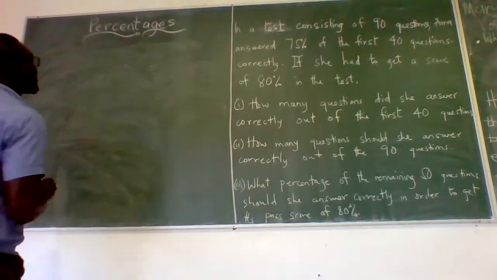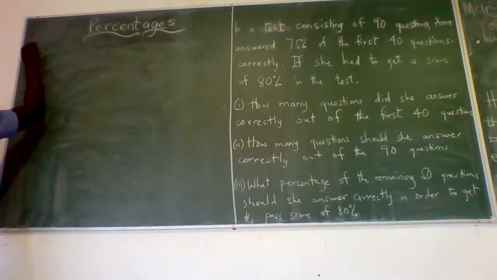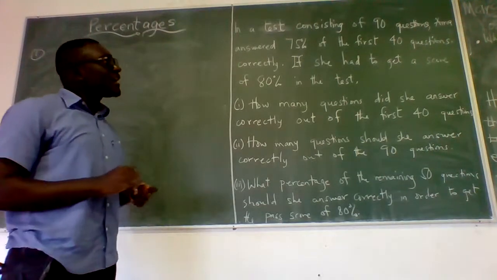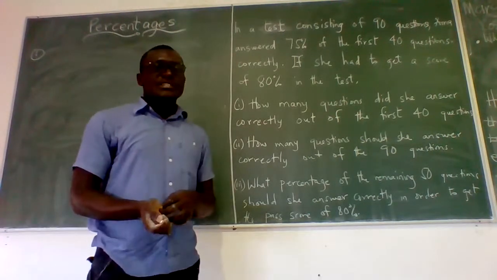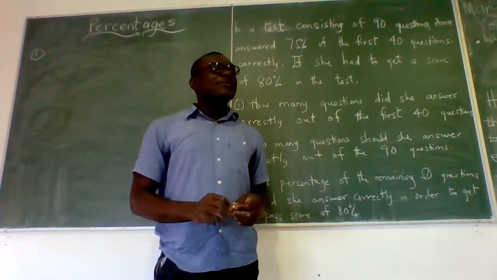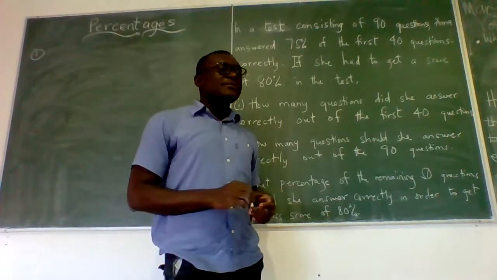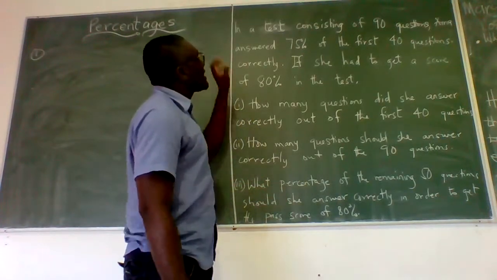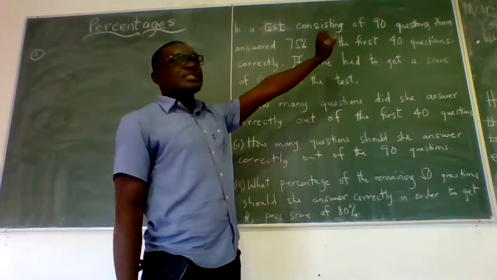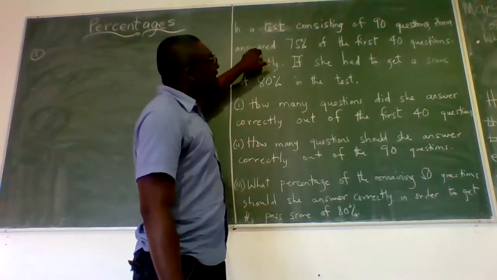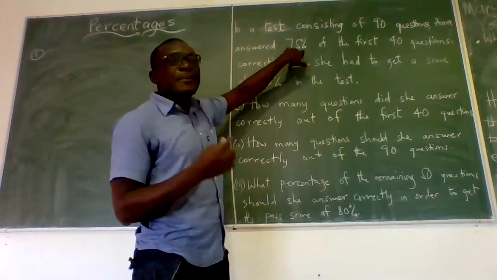With the first one, we are looking at how many questions she answered correctly out of the first 40 questions. One thing you must always remember is that anytime you have a percentage, it only means out of 100. This question says that in a test consisting of 90 questions, Amma answered 75%.